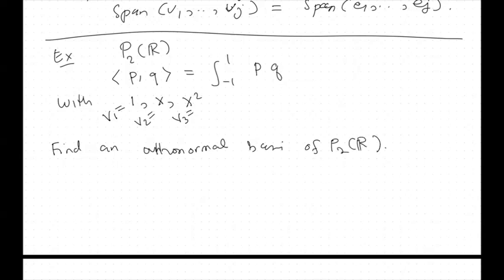Here we will just apply our formula. Solution. The first one: V sub 1 is just 1. Of course, your E sub 1 here is just V sub 1 over the norm of V sub 1.